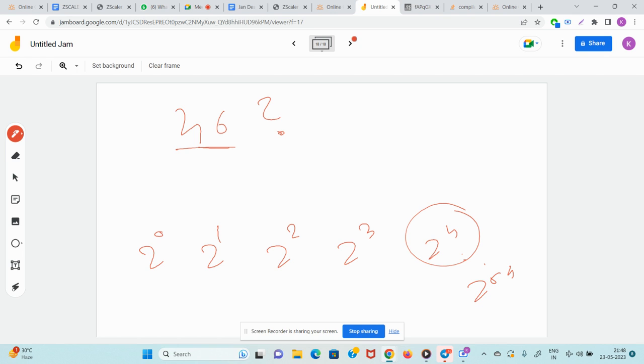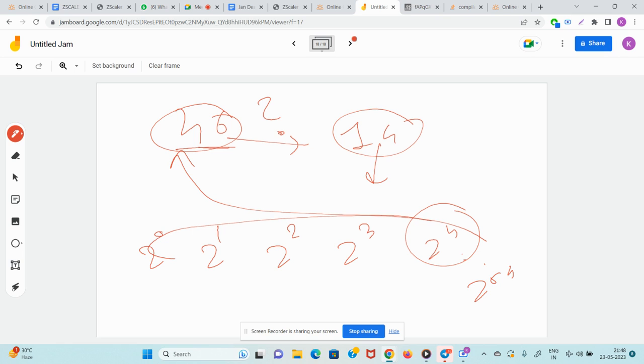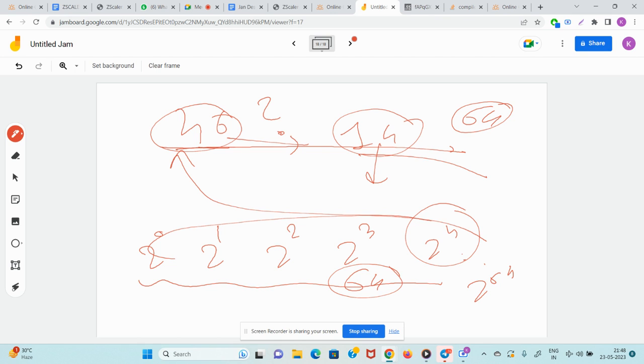You find the biggest one which is less than 46, you subtract, and then you get 14. You do the same process again, and keep on doing this. At maximum this can take 64 steps, and every time calculating the biggest number will also take 64 steps. So the total time complexity will be 64 into 64 for each range. There are n ranges, so the time complexity is n into 64 into 64.